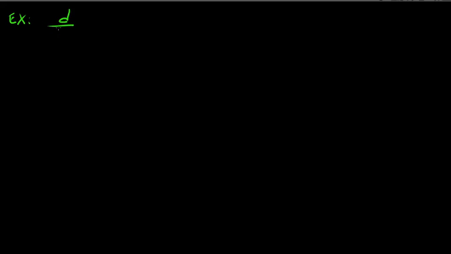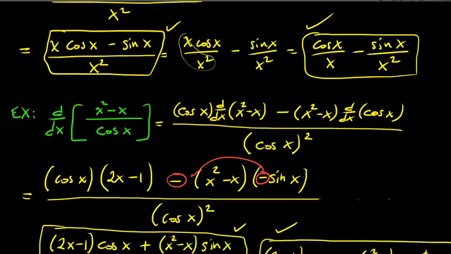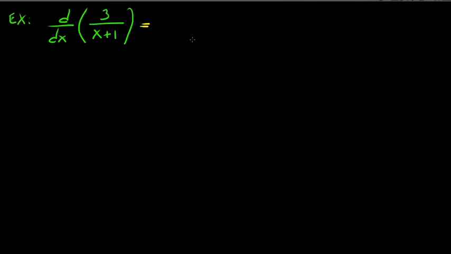Let's take the derivative of, how about 3 over x plus 1? Okay, yep. So we don't need sines or cosines here. I just did those, right? So, well, same rule, right?